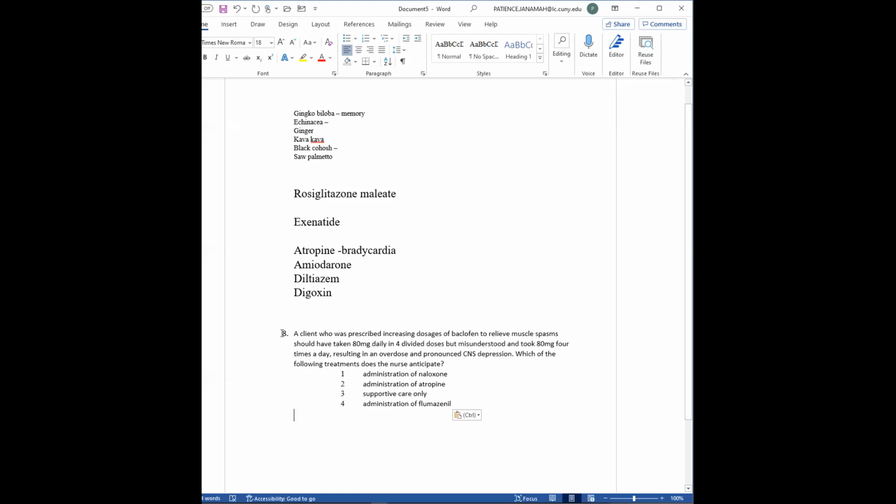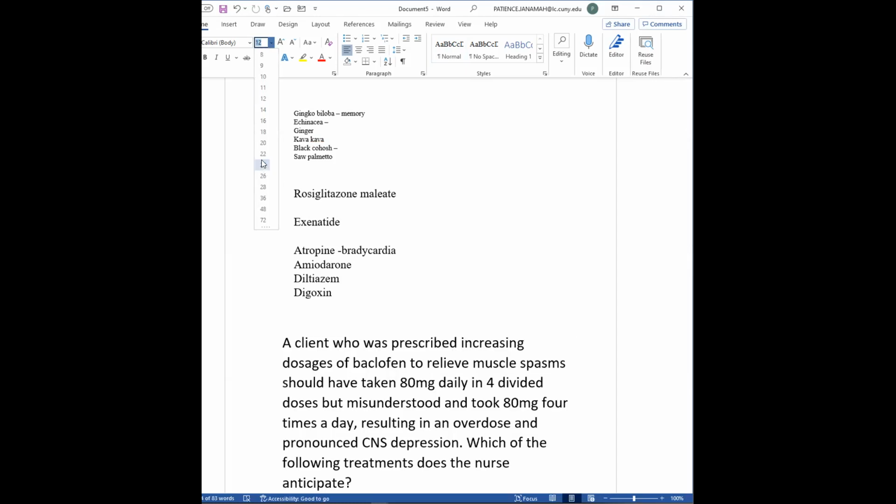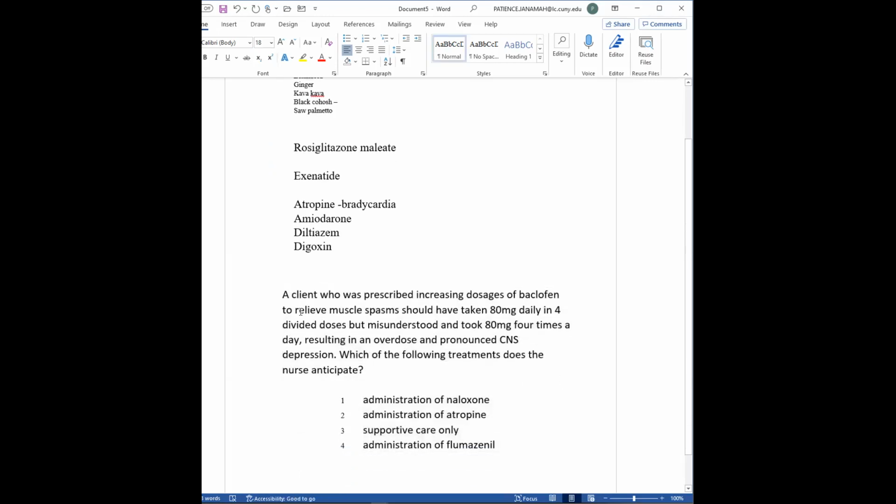Everybody is disciplined. Okay, so I'm going to read this question. I want somebody to just give me a vivid analysis of this question. We will answer it and we go away. I think this is easy. A client who was prescribed an increasing dose, let me increase the font size so we can see it better, of baclofen.